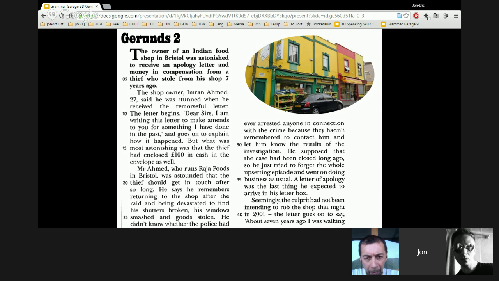Option 2 with the infinitive, he remembered to return to the shop. Nope, it doesn't work. They don't have the same meaning. John, just talking in grammar, is it correct to say remembers ing, remembers to? Both of them can follow remember. Yes. Okay. So this is the point we are talking about.